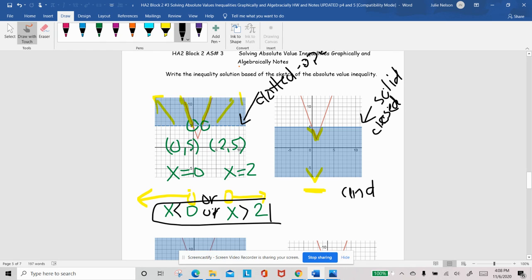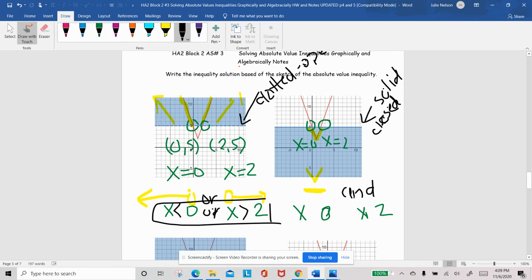So I'm going to have the exact same solution since it's the exact same sketch of the absolute value and linear inequality, just going different directions. See right here, I'm still going to have x is 0 and x is 2. So I'm going to put x is 0 and x is 2.